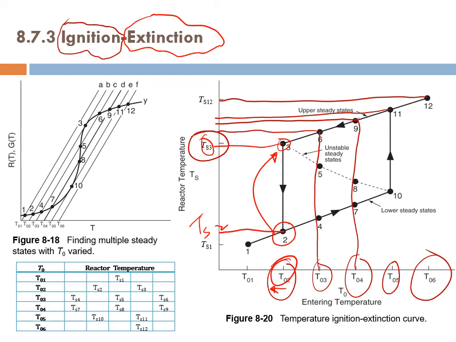So basically you had a big drop in temperature from TS3 to TS2 where extinction took place, and then any further decrease in temperature will cause a gradual decrease in the steady state temperature inside the reactor, until I go back to T01, the feed temperature, and then here I go back to TS1. So I believe now the concept of steady state, of ignition and extinction is very clear to you.